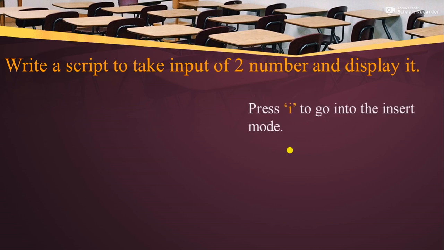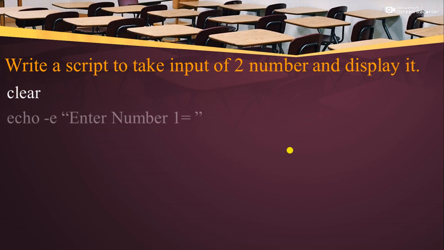After that we will go into the insert mode once we enter the Vim editor. To go into the insert mode we will press I, and then we will start our script. The first command will always be clear, to clear the above screen. After that we will display a message to the user to enter number 1.